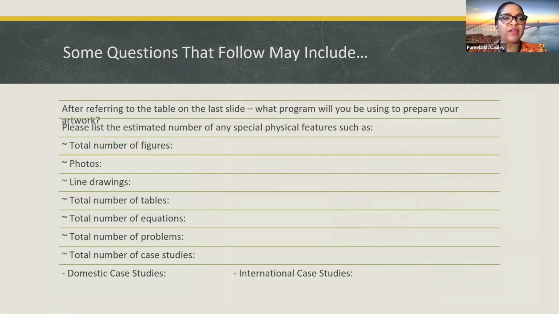The total number of figures, photos, line drawings, or tables. For example, with my chapters, I just thought about the subject matter and which subject matter would benefit more from tables or photos, and then did those estimates. And if you find that that changes a lot, then just communicate with us and we'll make those updates.